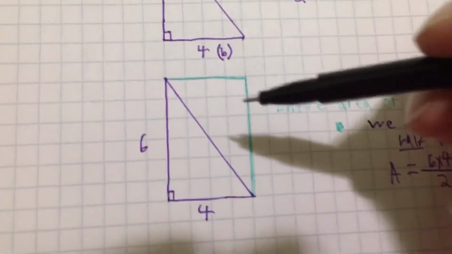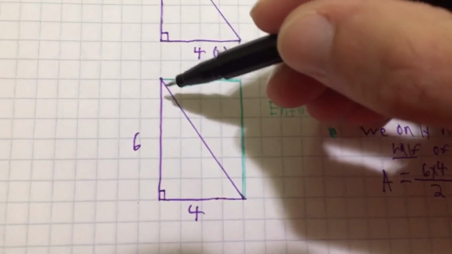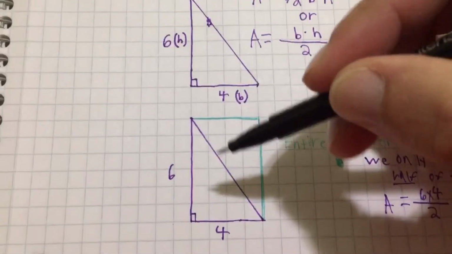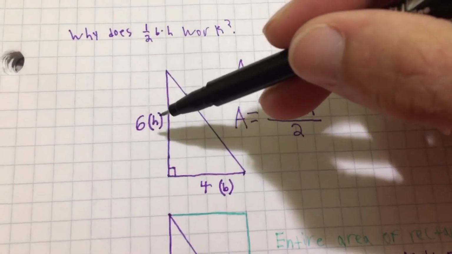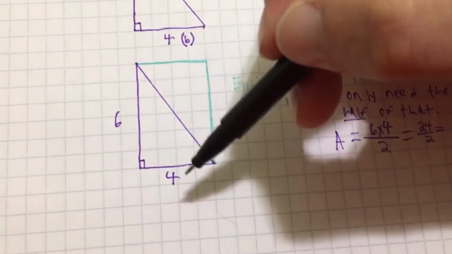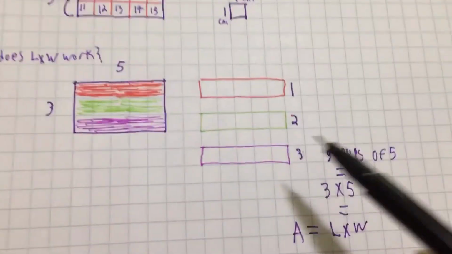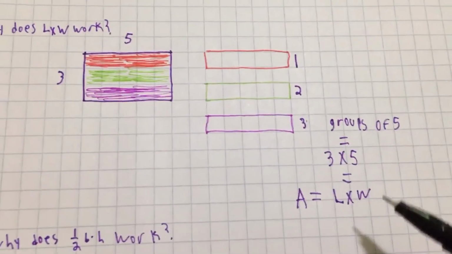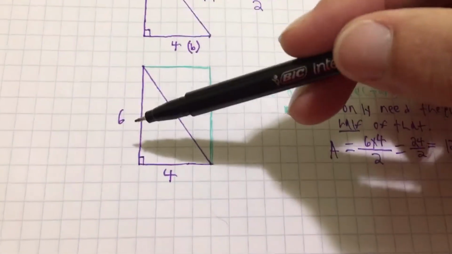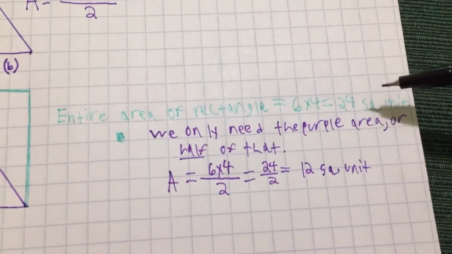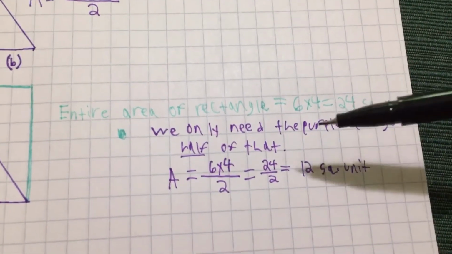All right, so when we try to find the area of this whole rectangle, we know that 6 times 4 will give us the entire area of this rectangle because we just covered that up here, length times width. So the entire area of the rectangle equals 24 square units.